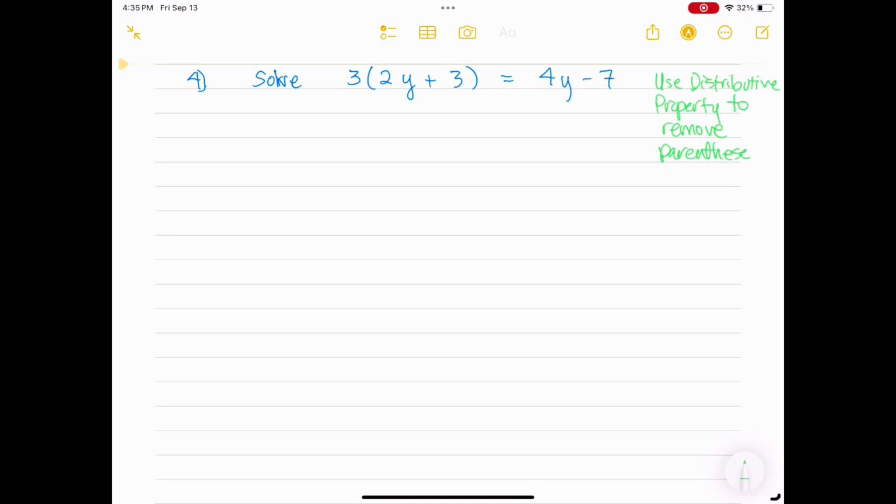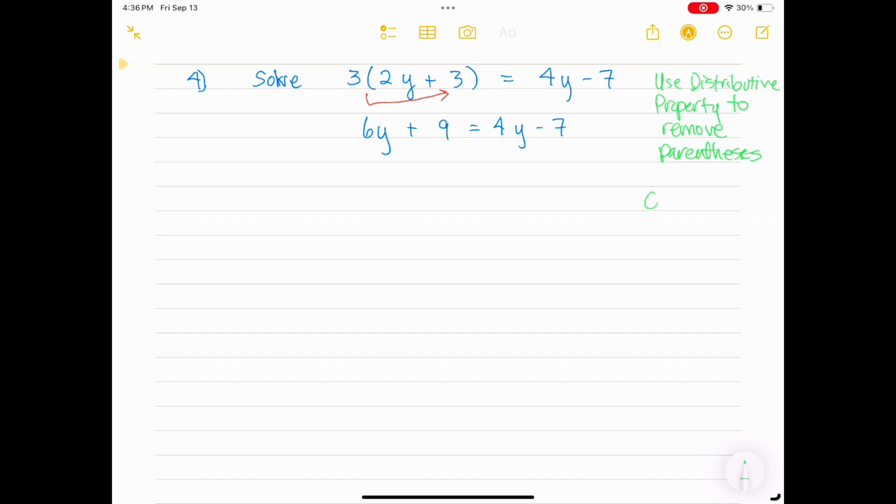In this case, we multiply the number 3 in front of the parenthesis by each term within the parenthesis, and then we remove the parenthesis. So 3 times 2y equals 6y plus 3 times 3, which is 9, which leaves us 6y plus 9, we remove the parenthesis, equals 4y minus 7.